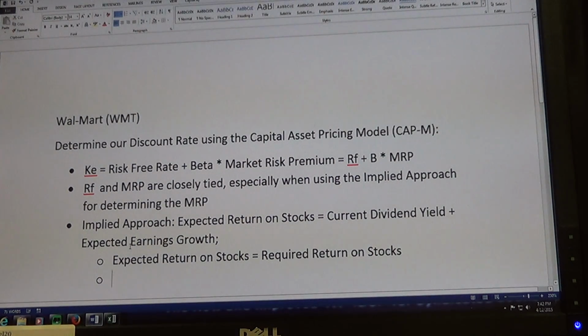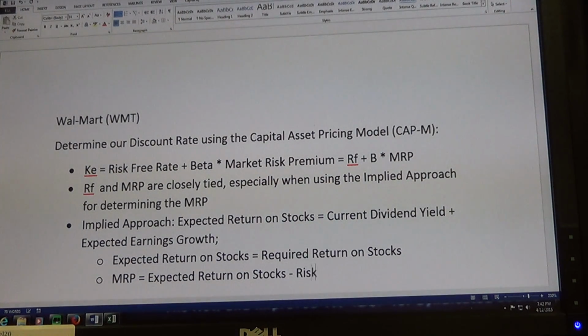We then get an expected return on stocks. That becomes the required return on stocks. We subtract the risk-free rate from that, and that will give us the market risk premium. So what we're saying is the market risk premium should equal the expected return on stocks minus the risk-free rate.